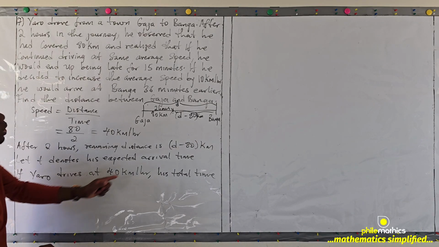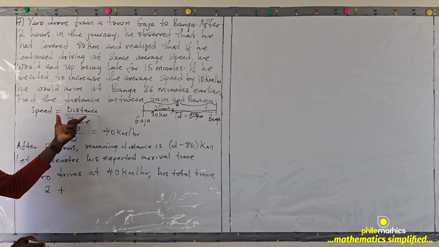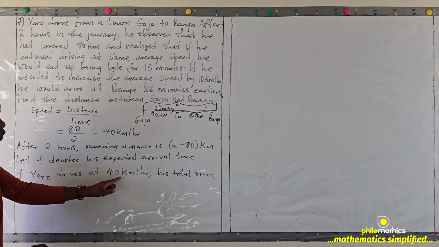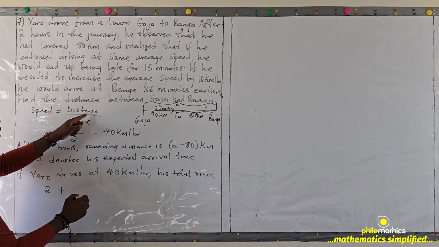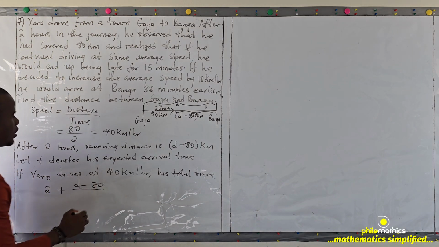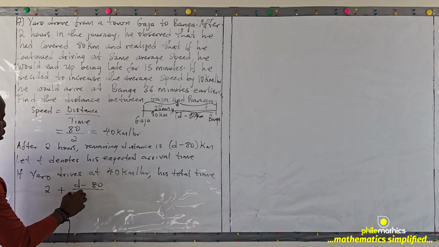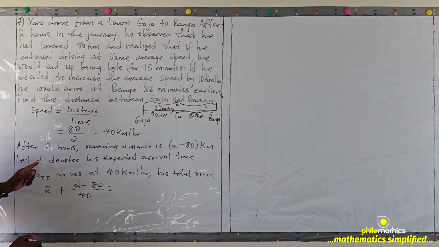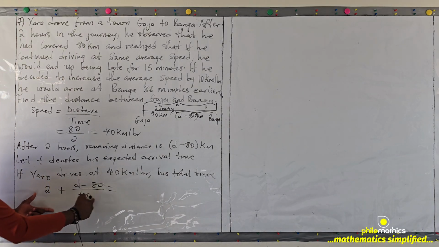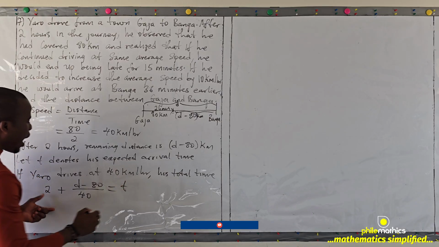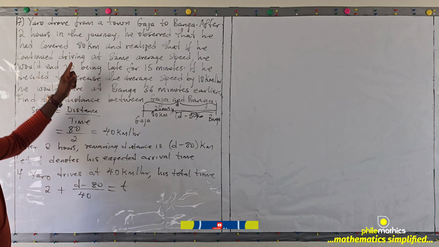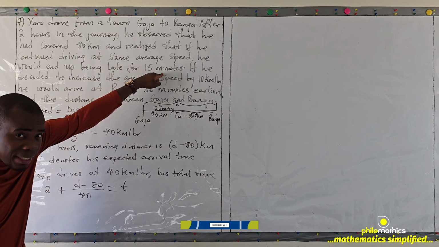plus, how do you calculate time from here? Using this formula, time is simply distance over speed. Since he's driving at 40 kilometers per hour, what's the distance? The distance is the remaining D minus 80, over the speed he's driving at, 40 kilometers. Since we have used T to denote his expected time, we are told that if he's driving at 40 kilometers per hour, he will arrive 15 minutes late.